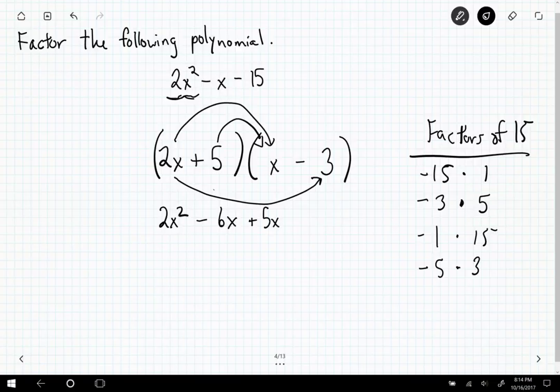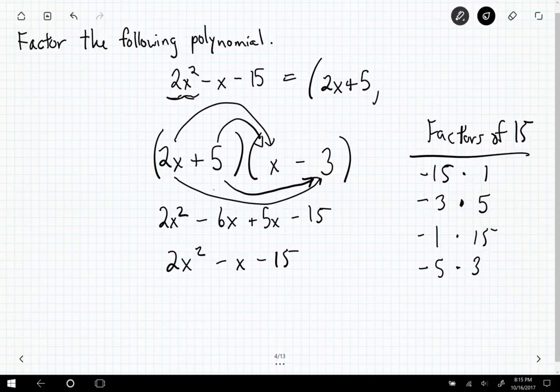And then last times last, so go down that way, that would be minus 15, which we should always have that last number match to. So notice this becomes 2x squared minus, when you go minus 6x and then plus 5x, that's negative 6 plus 5, that makes minus x, and minus 15. That matches what we had up above. So the way to factor this thing is just 2x plus 5 and then times the quantity x minus 3.